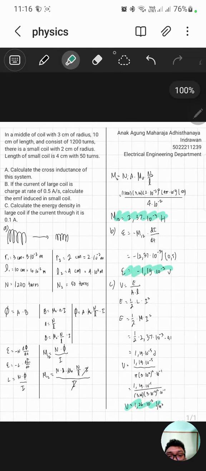For the first problem, the cross inductance is 2.37 times 10 to the minus 3 Henry. The second problem is to calculate the EMF in the small coil. The number is minus 1.19 times 10 to the minus 3 volt. And the third is to calculate the energy density, which is 1.26 times 10 to the minus 3 joule per cubic meter.